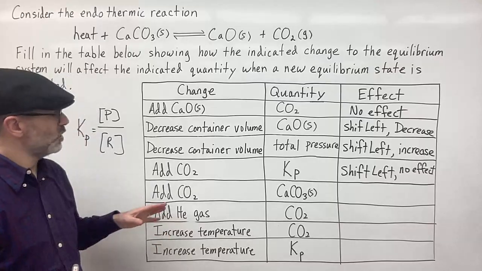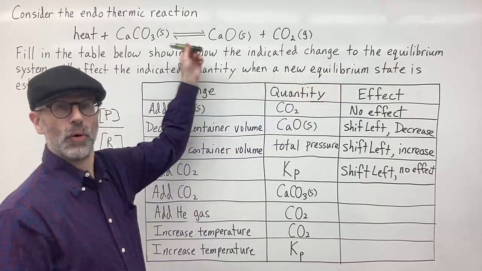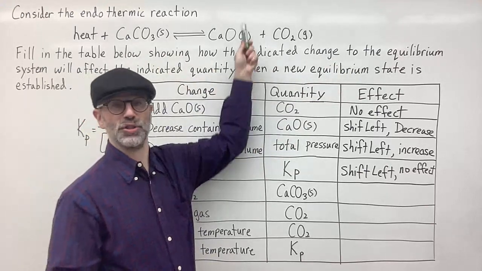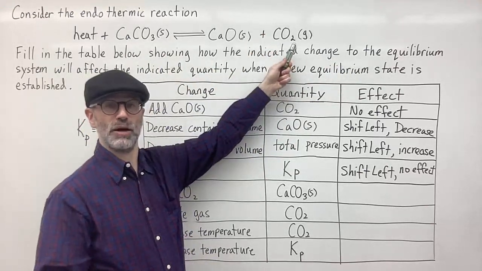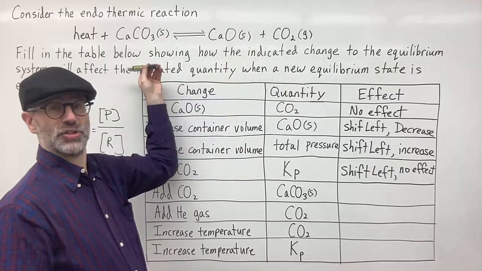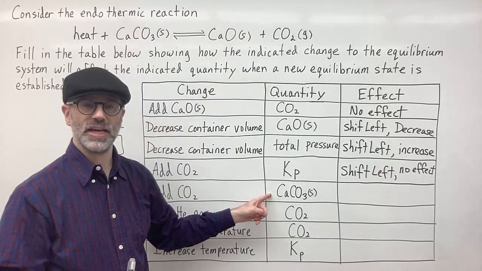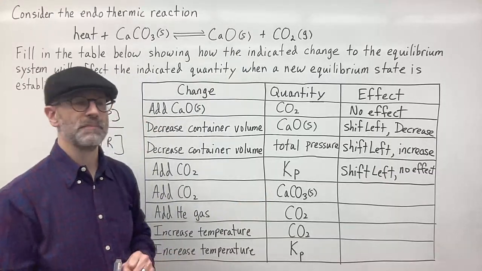Okay, next we're back to adding CO2. Same thing here. So again, we're adding CO2. It's going to shift away from the CO2 in order to use up some of that CO2 that was added to get back to equilibrium. But if it's shifting in this direction, we're looking at what's going to happen to the CaCO3, the calcium carbonate.